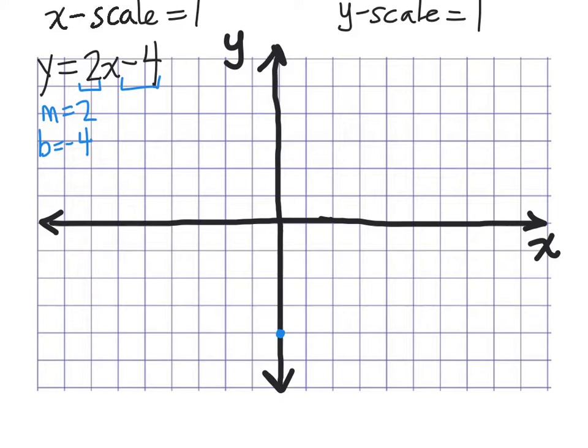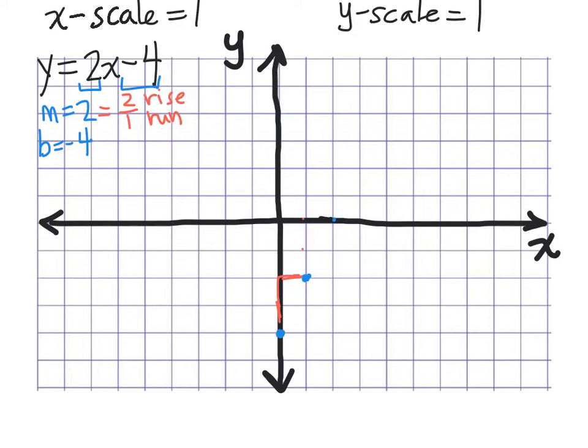Then from that point I'm going to apply the growth as a ratio of 2 to 1. That's a rise of 2 and a run of 1. Every time I follow that slope, I'm looking at a growth triangle. So a rise of 2 and a run of 1 is my growth triangle that I'm imagining. Here I'm going to actually draw it, but I'm not going to draw it every time. And that gives me another point on my line. I apply that growth again, a rise of 2 and a run of 1.